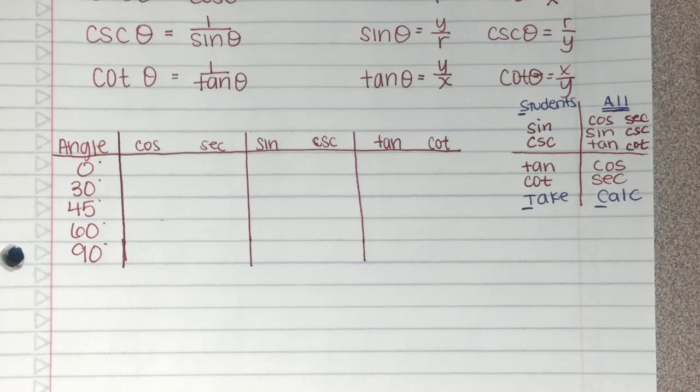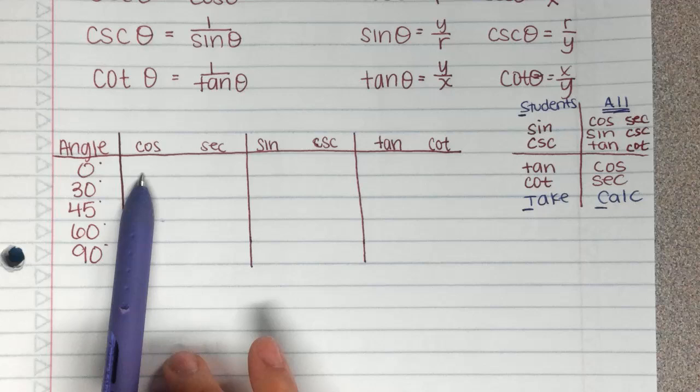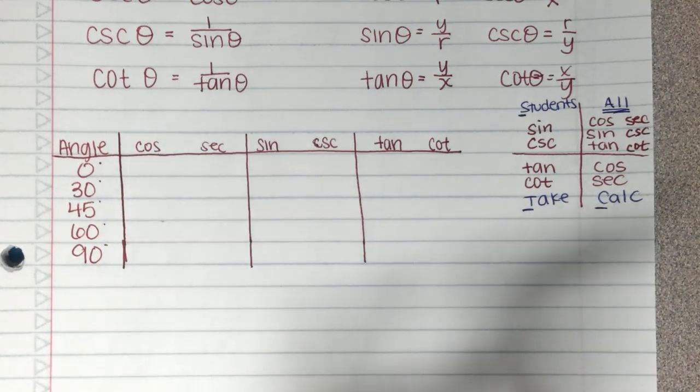All right, so now we're going to fill in the chart. The cosine, 0 degrees. What are the cosine and the sine at 0 degrees? What's my point? 1, 0.